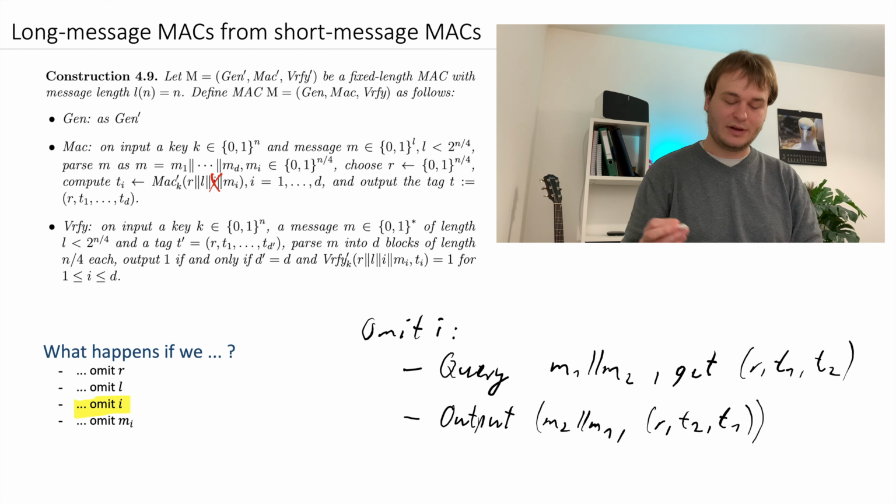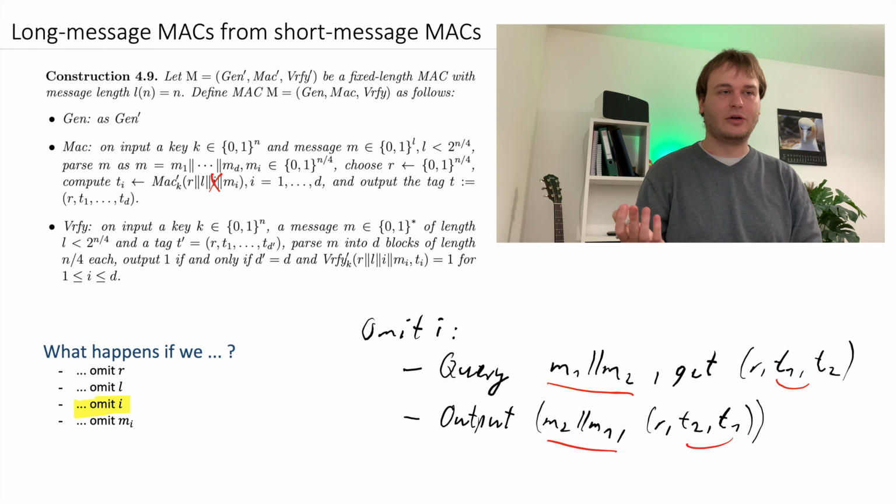I can just query the oracle for M1 concatenated M2. And then I can basically just switch the T1 and T2 around to get a valid MAC on M2 concatenated M1. So this is the role of the I in this whole construction. It makes sure that we can't change the order of the blocks that we're MACing.